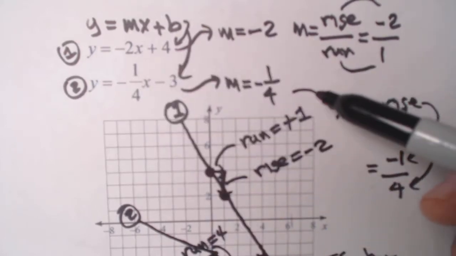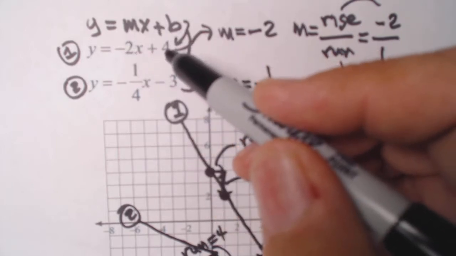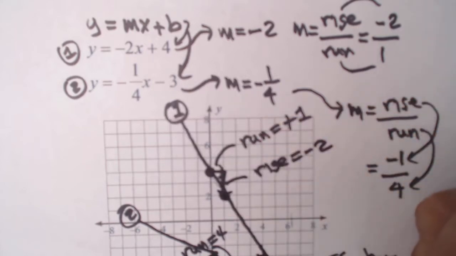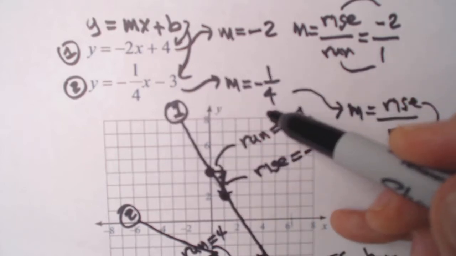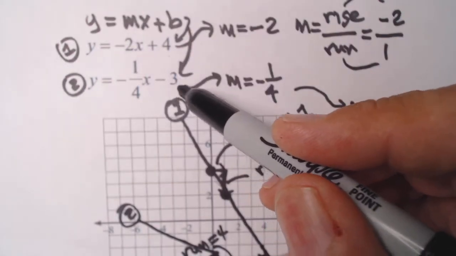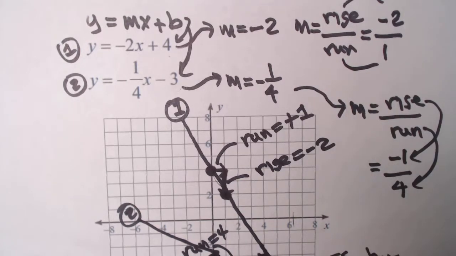We just read off the values. The slope equals -2 and the b-intercept plus 4. That's what we use to graph line number 1. Line number 2, the slope is -1/4 and the b value is -3. So I started at -3 and then stepped off the rise and the run.